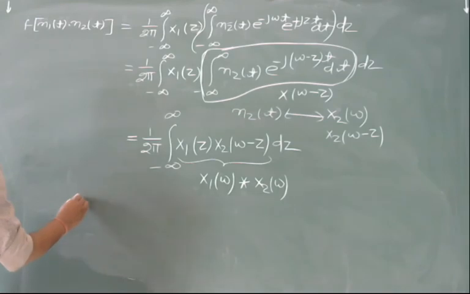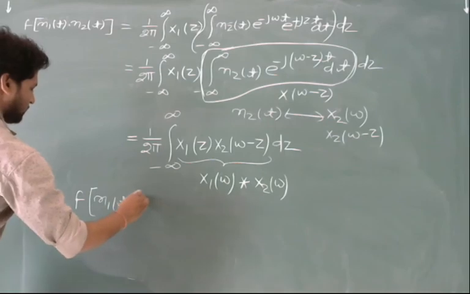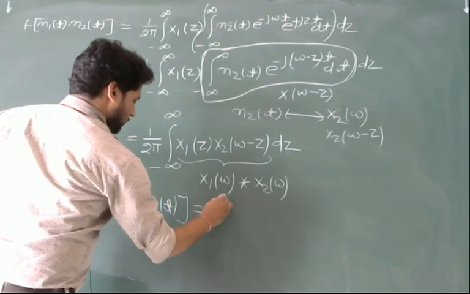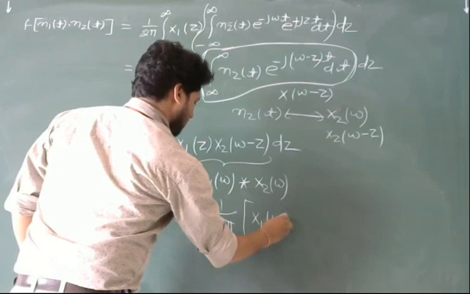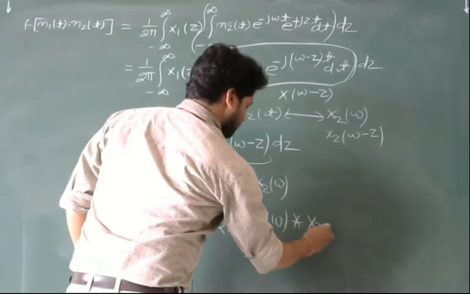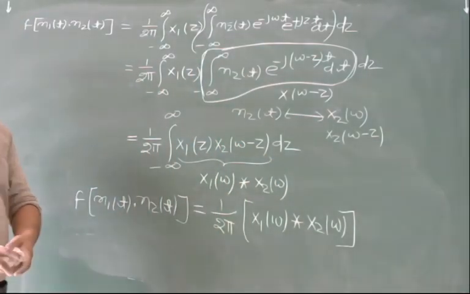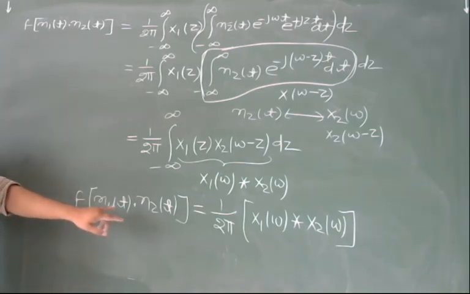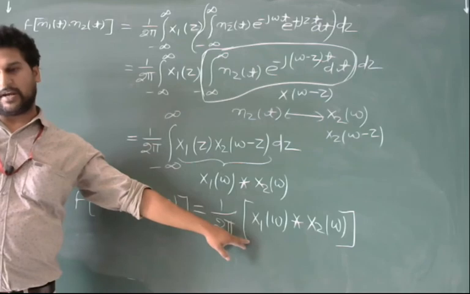It means that the Fourier transform of the signal x1(t) into x2(t) will be equal to 1 upon 2 pi, X1(omega) convolved with X2(omega). This is what the multiplication property states. If we multiply the signals in the time domain, then the signals will be convolved in the frequency domain and multiplied by 1 upon 2 pi.